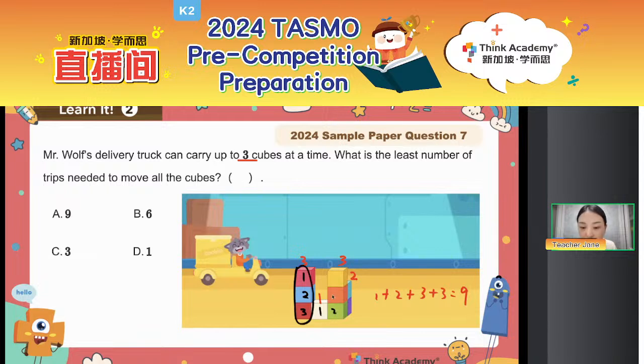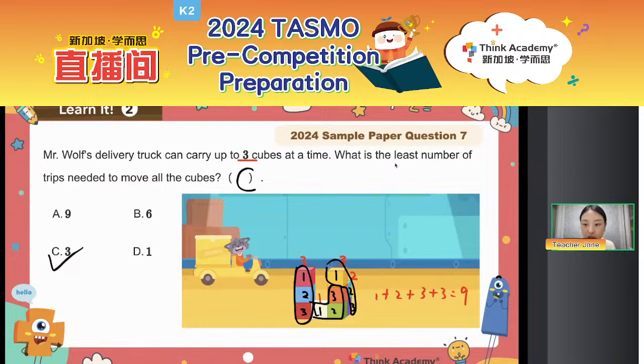Then 1, 2, 3. This is another group. And then 1, 2, 3. This is the third group, right? So we can see this time we need to move 3 times, so that we can make sure we move all the cubes, right?